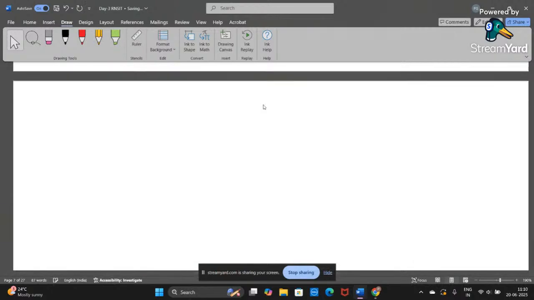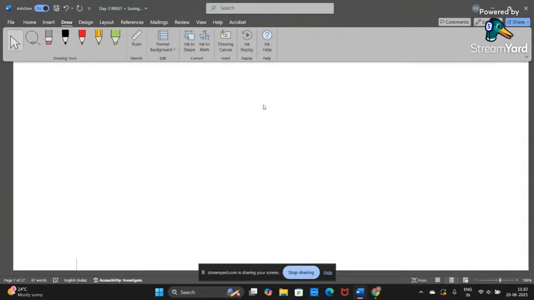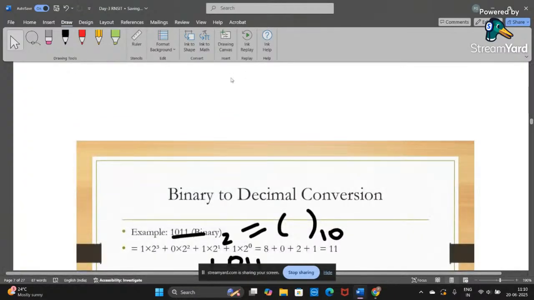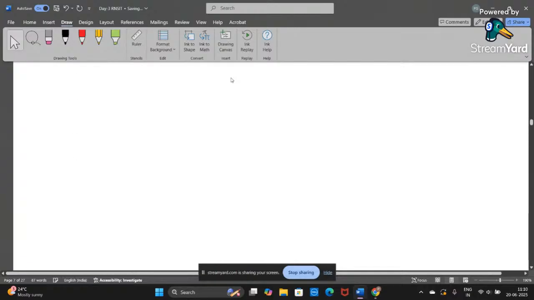Let us convert 1101.01 base 2 to base 10. We are converting these binary digits to decimal. So same as before, first let us take this now.